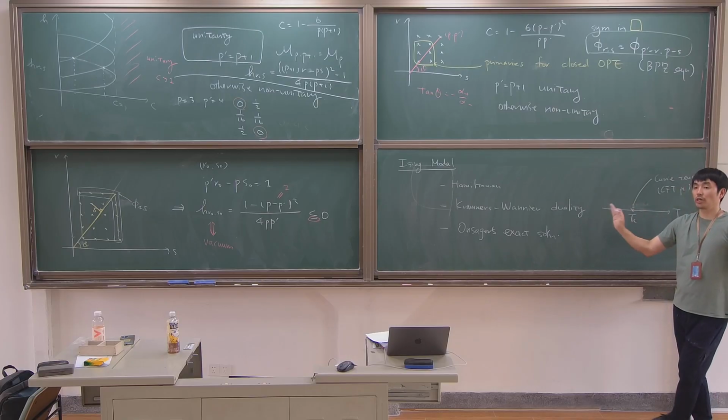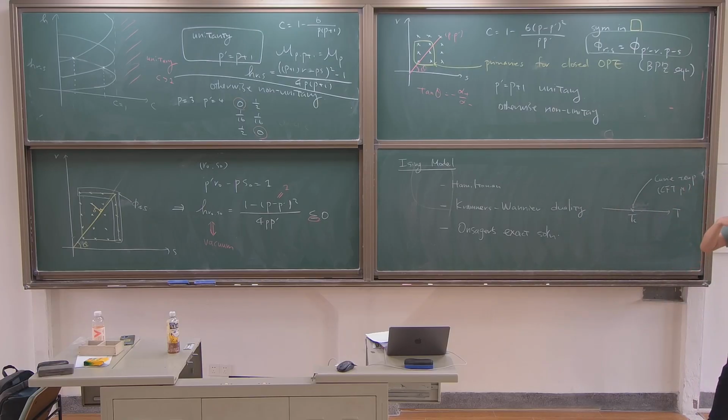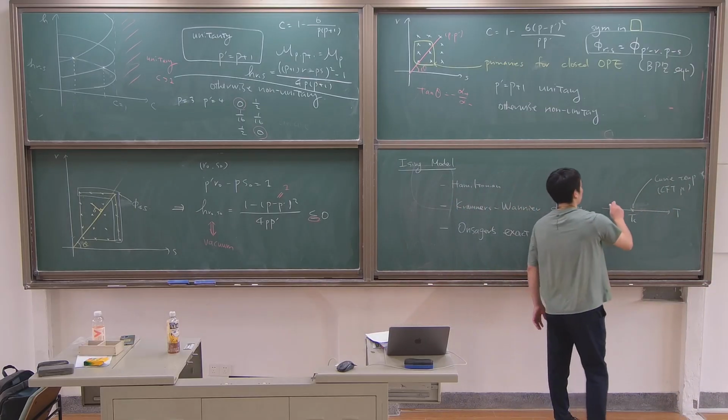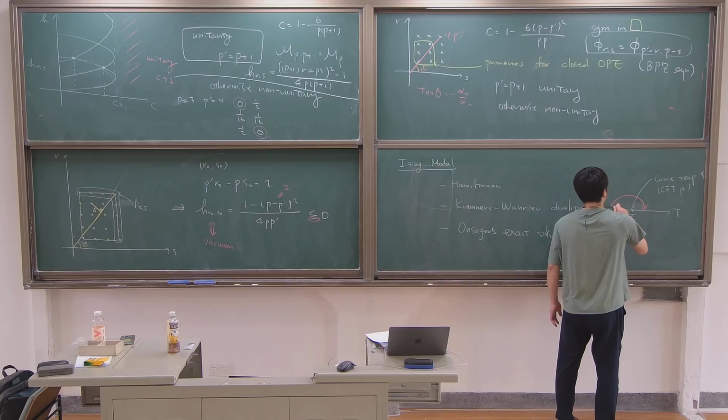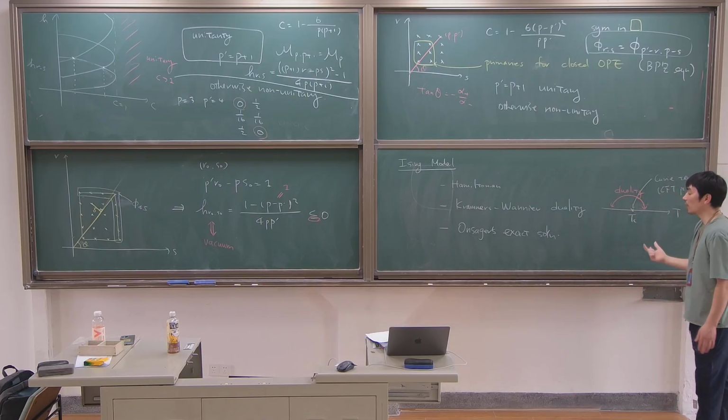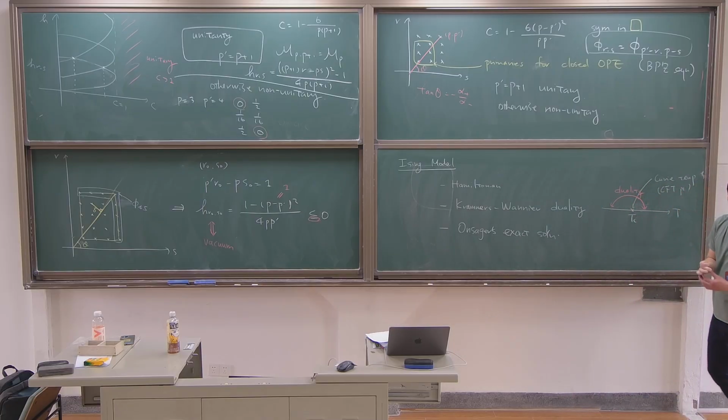But low temperature and high temperature behave very differently. But there exists such a duality between low temperature and high temperature. That is for Kramers-Wannier.